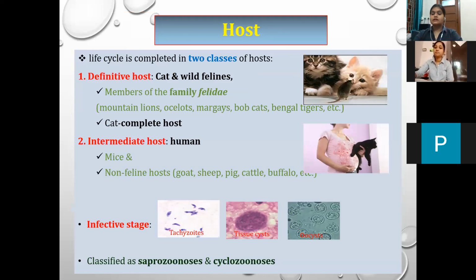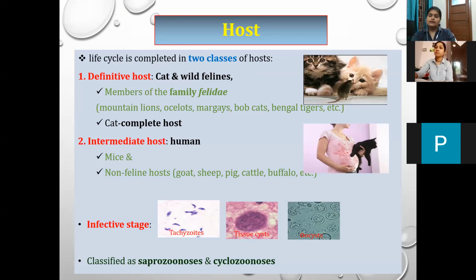As I discussed, the cat is the definitive host, and you can also consider the cat as the complete host. Along with the cat, other wild felids or felines are also definitive hosts. Non-feline animals like goat, sheep, cattle, pigs are considered intermediate hosts, including human.